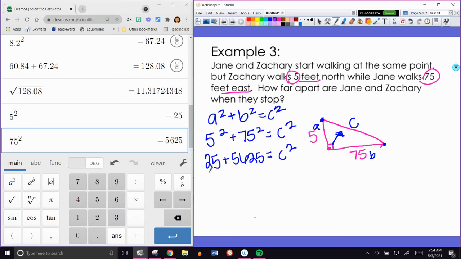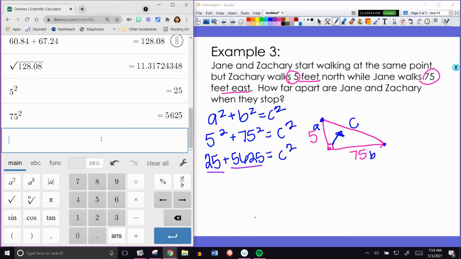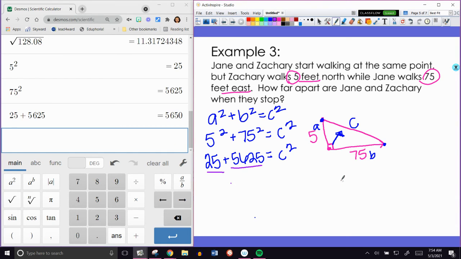So again, I can add up 25 plus 5,625. 25 plus 5,625 gives me 5,650 equals C squared. But we need to remember to take that square root.